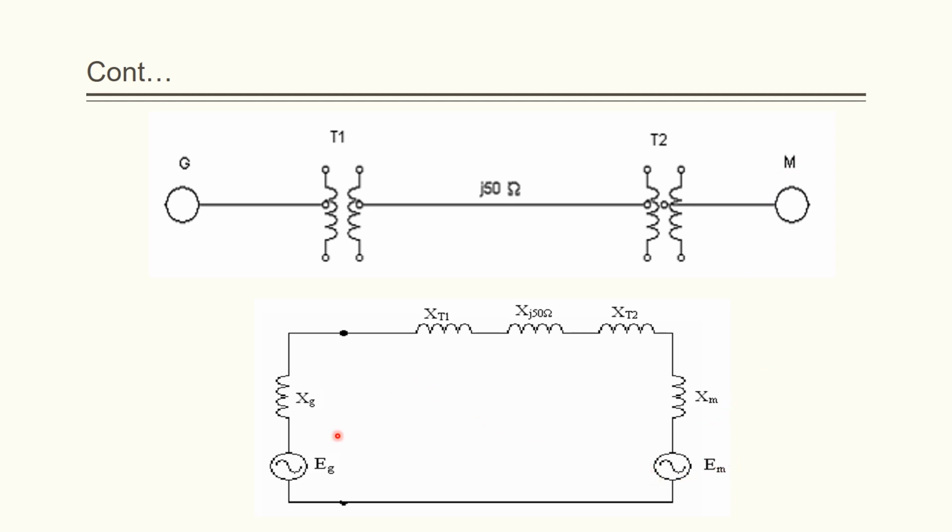So in total you have Xg, the reactance of the generator, Xt1 the reactance of transformer 1, Xj50 the transmission line reactance, and next the transformer 2 reactance followed by the load reactance. Thank you.